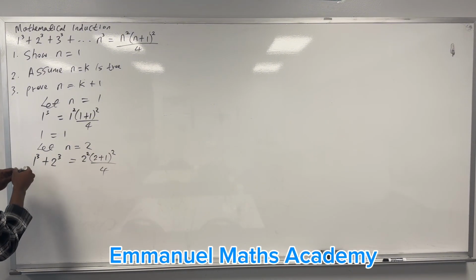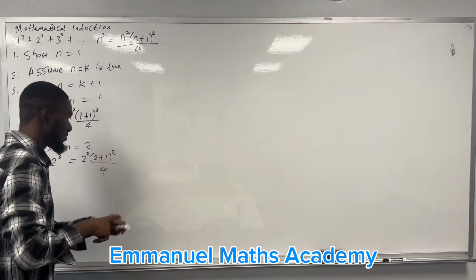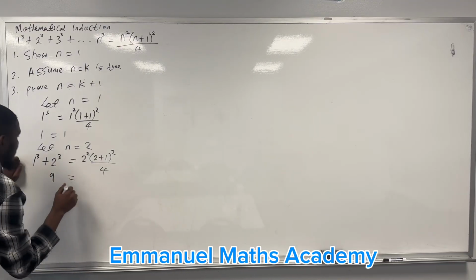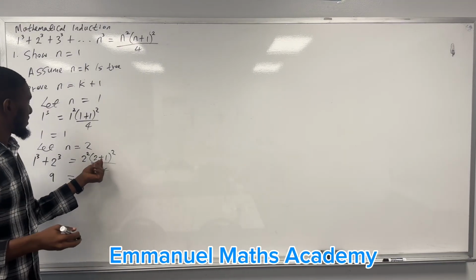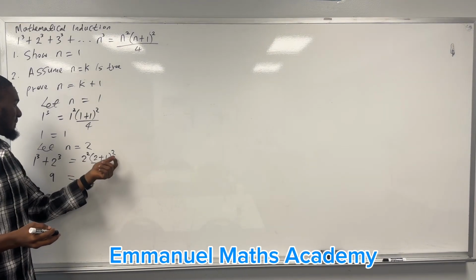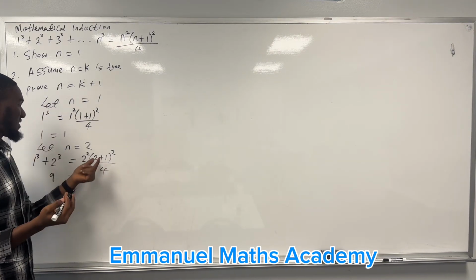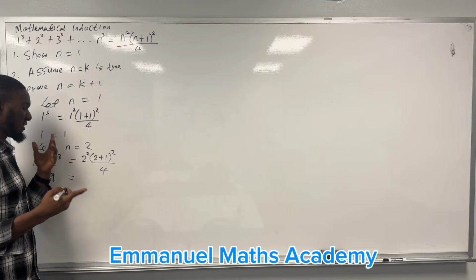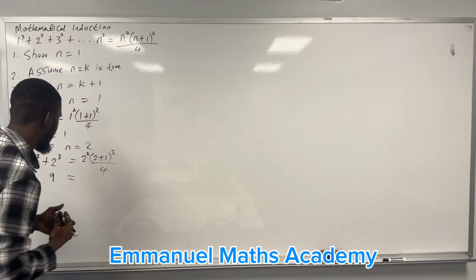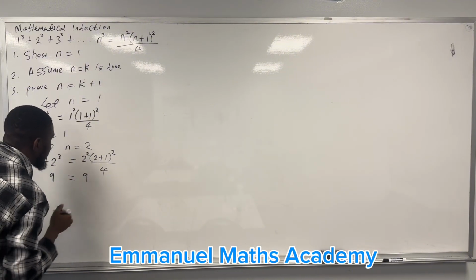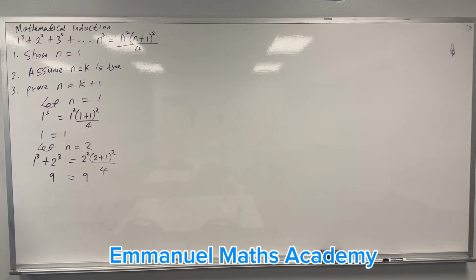Alright, so here you have what? 2 raised to power 3 will give you 2 times 2 times 2, 8. 8 plus 1 will give you 9. If we simplify this further, 2 plus 1 will give you 3. 3 raised to power 2 will give you 9. So 9 times 4 is 36, and 36 divided by 4 will give you 9.